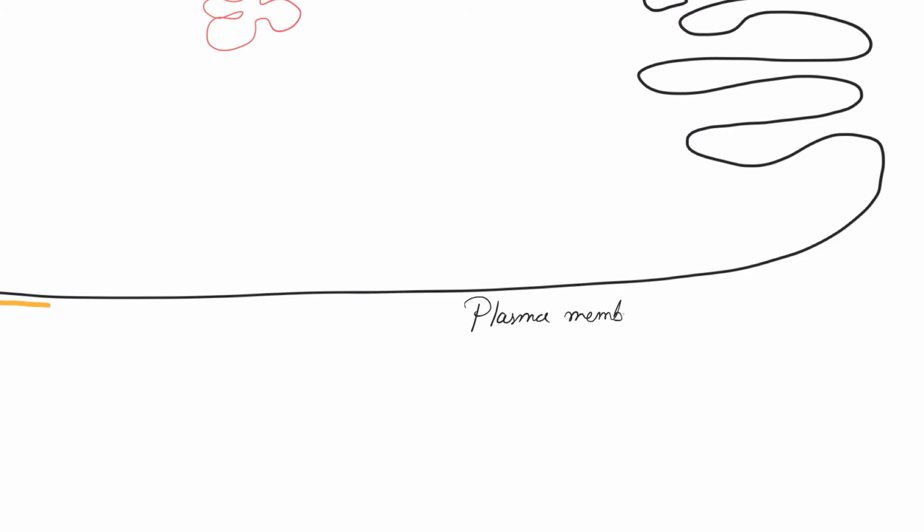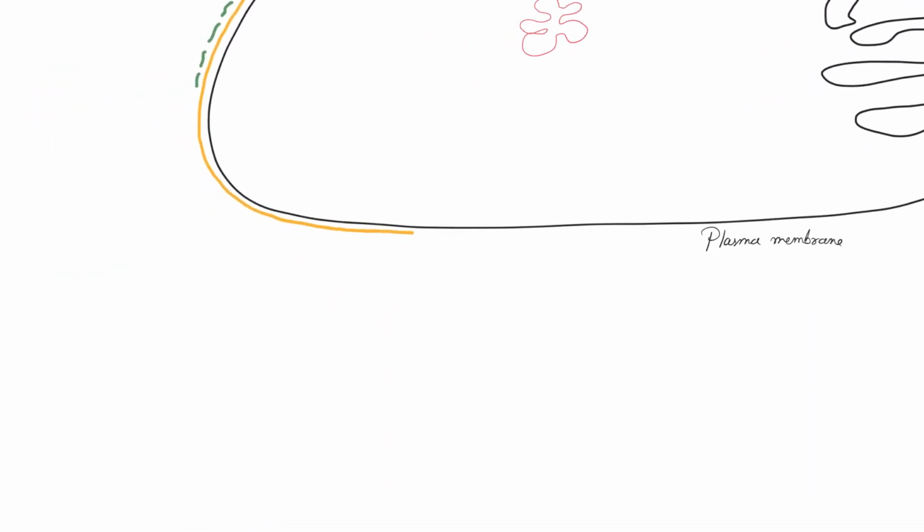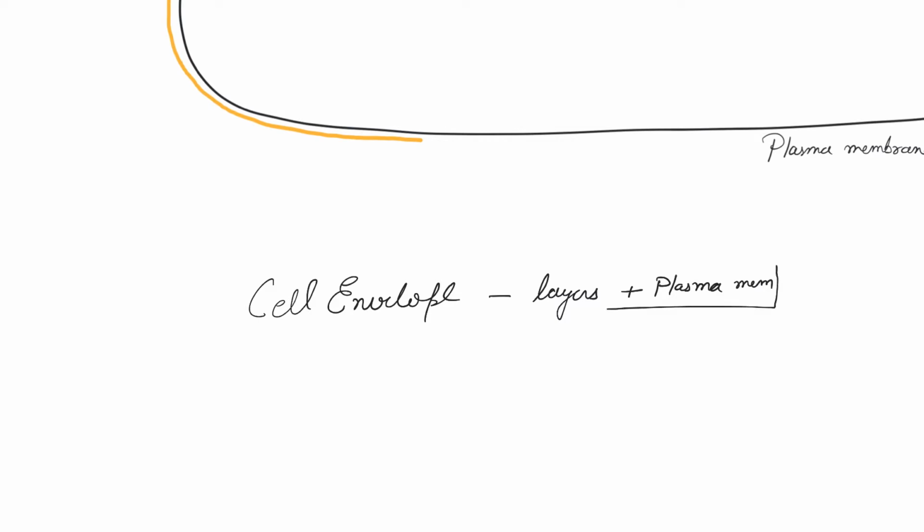Now, the better term I would use right now is a cell envelope, because they might have a lot of stuff. Cell envelope is a term that is used for all layers that they might have, starting with the plasma membrane. So the plasma membrane and all other layers that they might have.